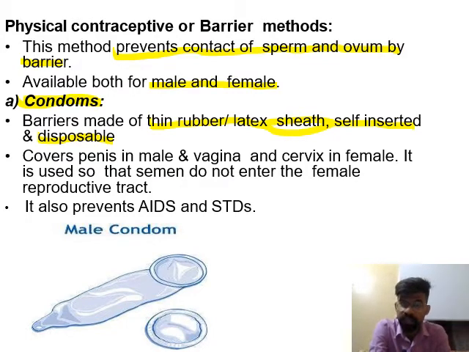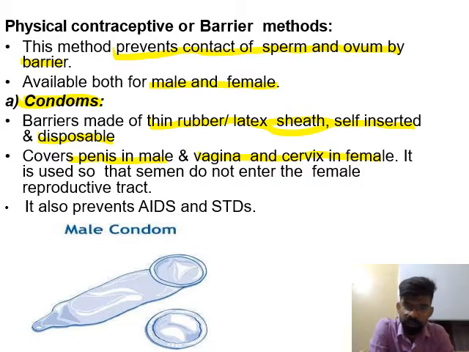If the penis is covered by a condom, then the semen will not enter the female reproductive tract, and the chances of fusion of male and female gametes will be nil.